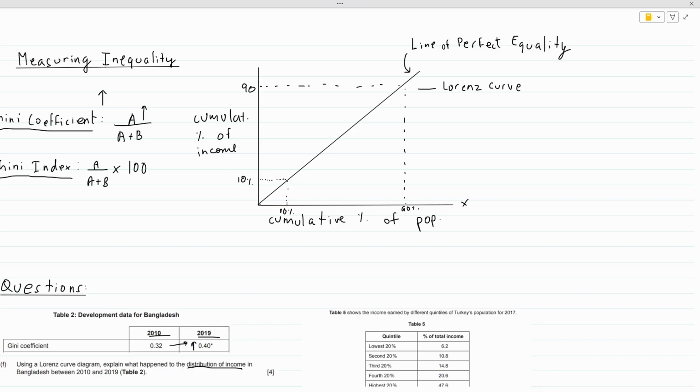So a realistic Lorenz curve looks closer to this shape here, where you can see the bottom income earners. So this is the bottom 10%. Again, if we mark it according to this Lorenz curve now, you see that it's much smaller than 10%. So the bottom 10% of the population here earns roughly about 1%.